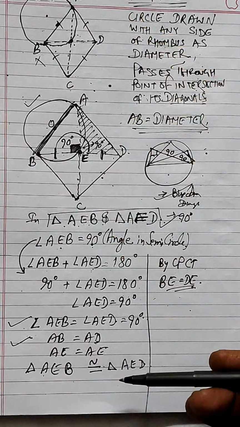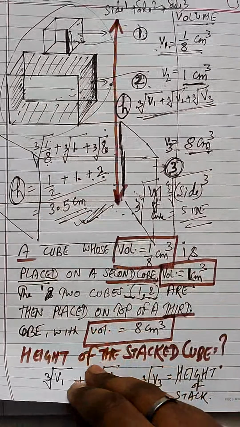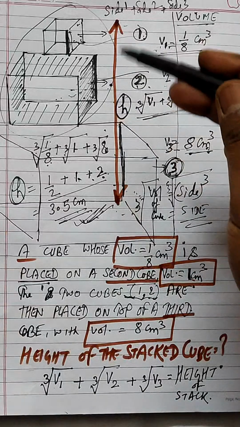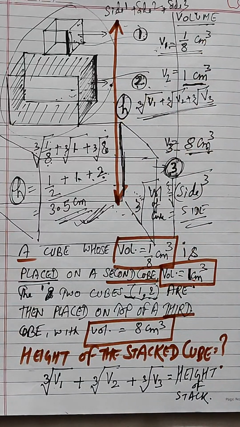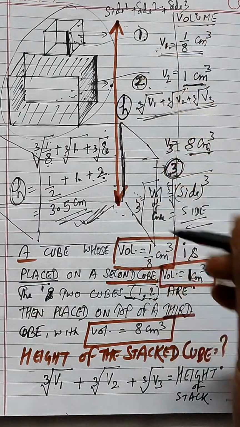We have proved it. And the third question which we have taken up today is this one, where a stack arrangement of 3 cubes is kept over here. We need to find the height of the cubical stack, right?